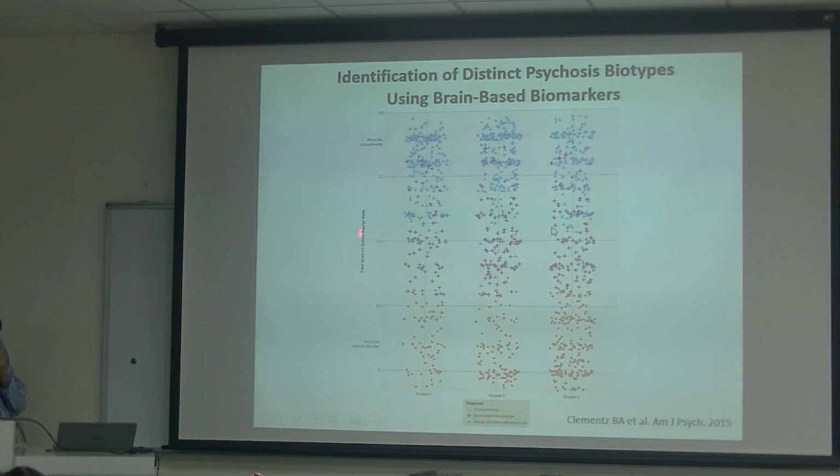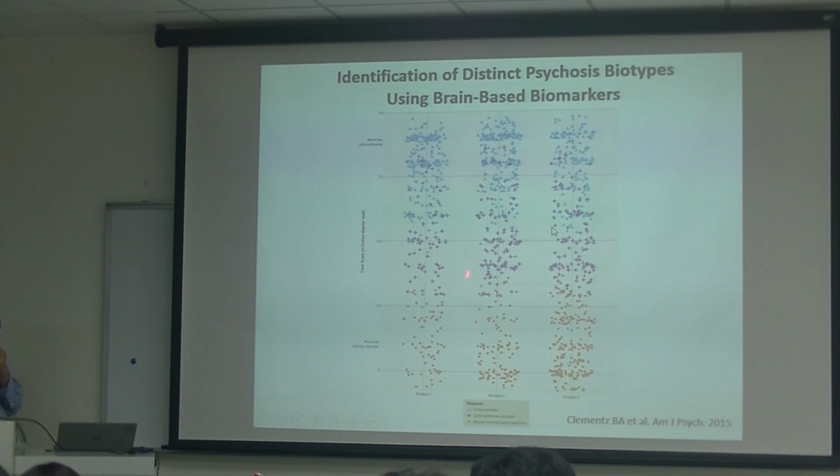So if we use cognitive function tests to classify these patients, then we can reorder them into 3 groups. In this paper, they say that we can reclassify them into the so-called biotype 1, biotype 2, and biotype 3. And this classification is just based on the cognitive functions.